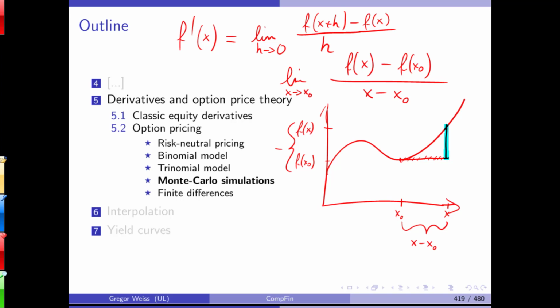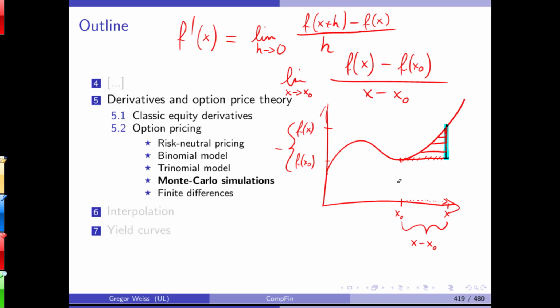And if we let x0 go to x, what we get is what you know from school, the slope of a line, well, not this one.